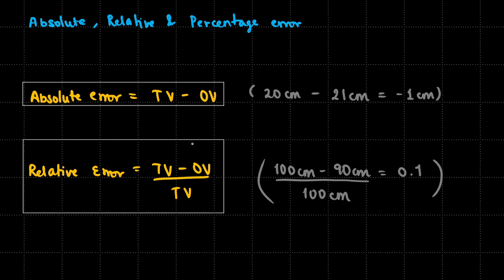And finally, let's talk about percentage error. The word percentage makes it clear that we are going to talk about percentage. When we're talking about percentage error, it's going to be relative error times 100%.